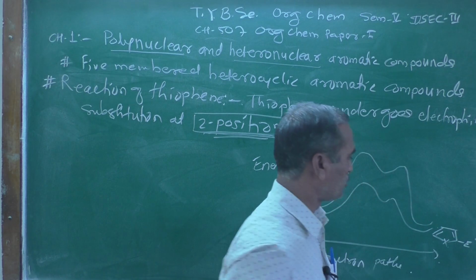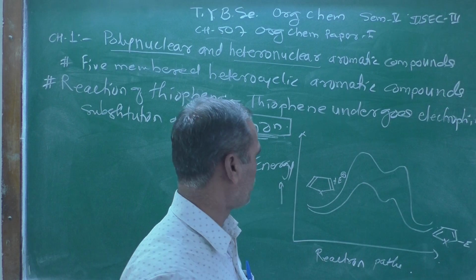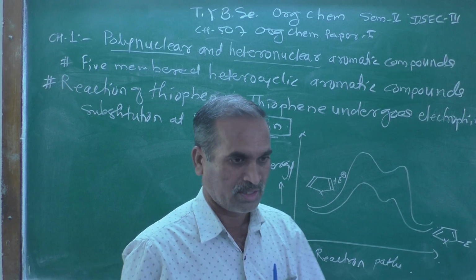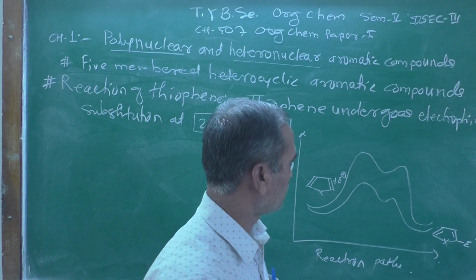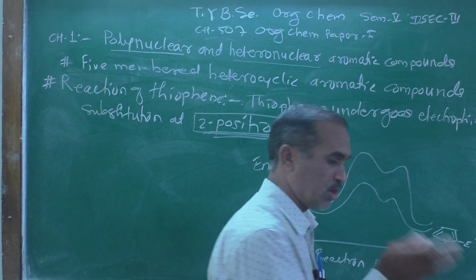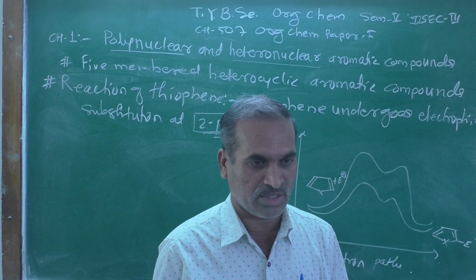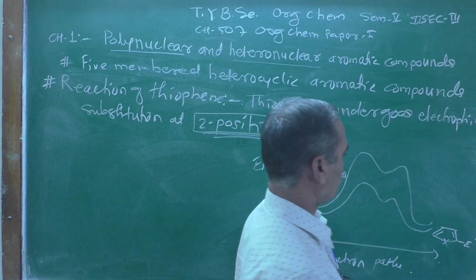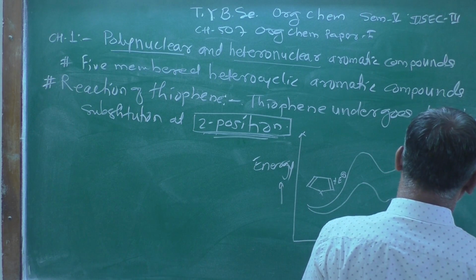Electrophile attacks at the 2 position. See, the potential energy is less. In a general way, we know that those organic compounds having less energy are the most stable ones.